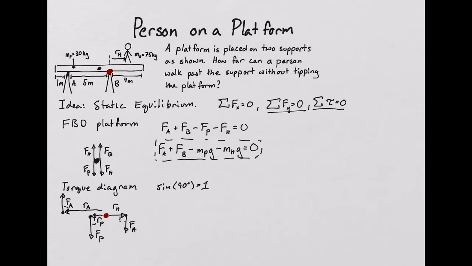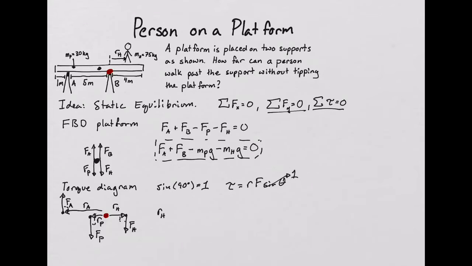I'm now going to write out the torques for each one of these forces using the formula torque is equal to R F sine theta, where sine theta is going to be 1 in this case. I will start out again going from right to left with the torque due to the person.